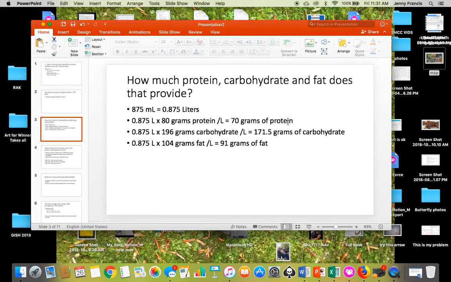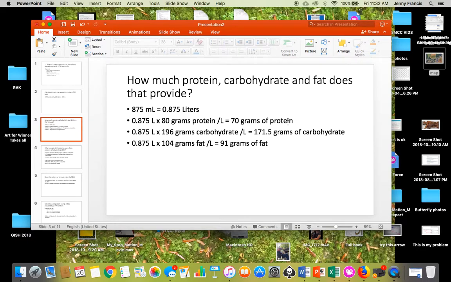So for your examples, say you were using a 1-calorie formula and you ended up giving 1.75 liters of formula, your amount here is going to be greater than the grams of protein in 1 liter because you're giving more than 1 liter of formula.